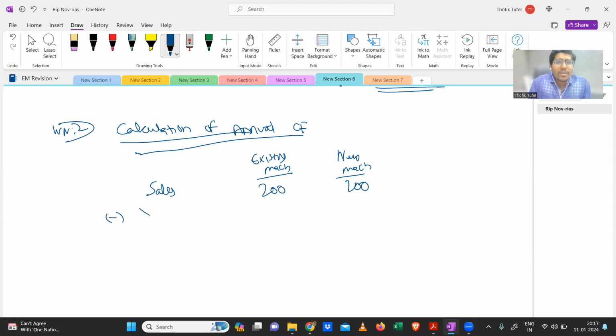Minus variable cost. Variable cost except depreciation. Why? Because it is a non-cash expenditure, and I have to take income tax depreciation, not this. And then the next one is allocated general overheads, which I also have to minus.